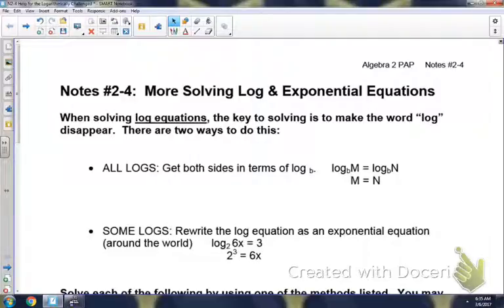Once you have condensed both sides to one log, then you're just setting m equal to n. So that's all logs.